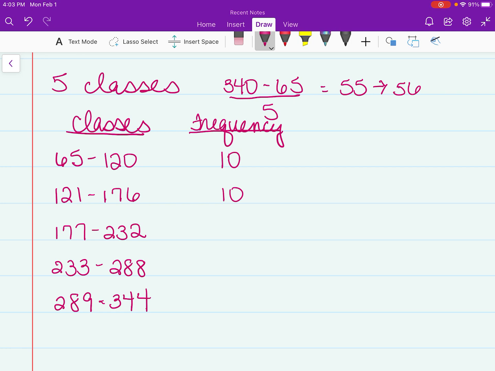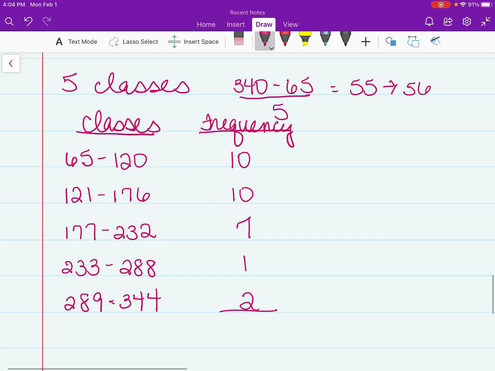From 177 to 232, I have 7. From 232 to 288, I have 1. And from 289 to 344, I have 2. Now, you'll notice that if I add those up, I have a total of 30 data pieces.